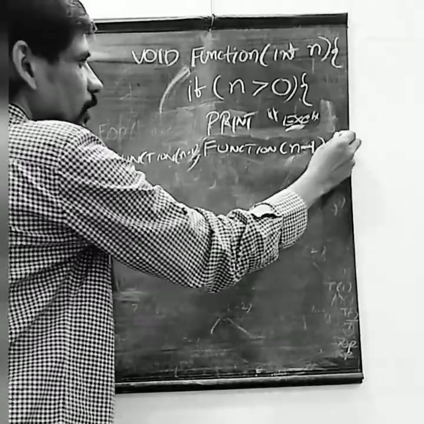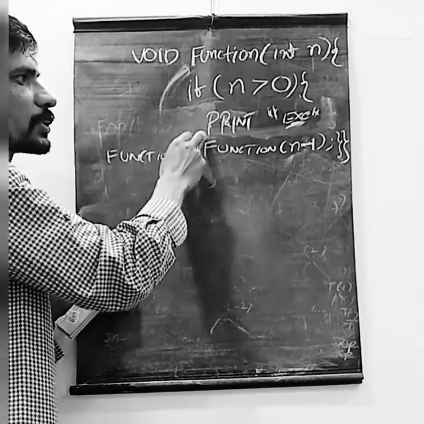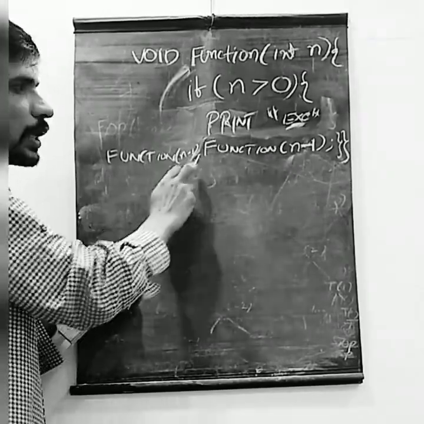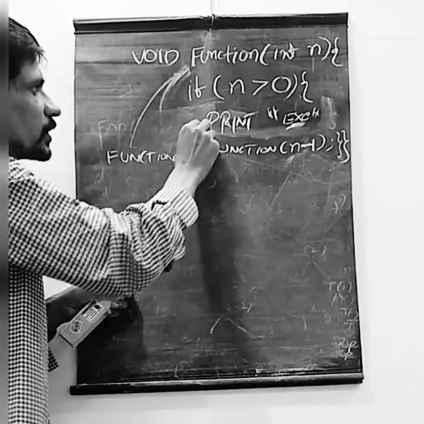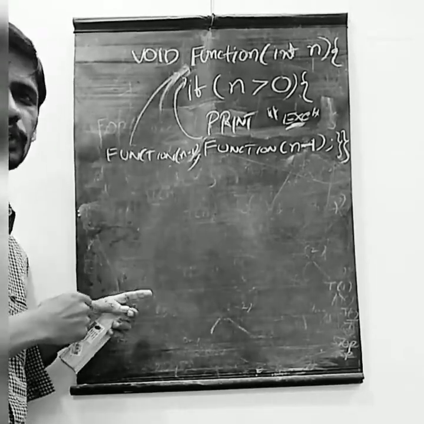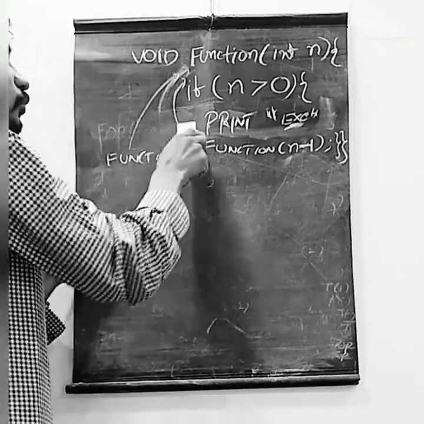So what exactly are we doing here? If my n is greater than 0, print this statement, and I am calling myself, and once again I am calling myself. So here we are calling 2 times instead of 1 time.